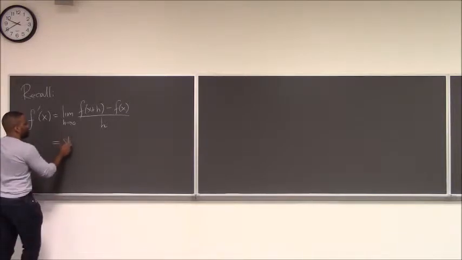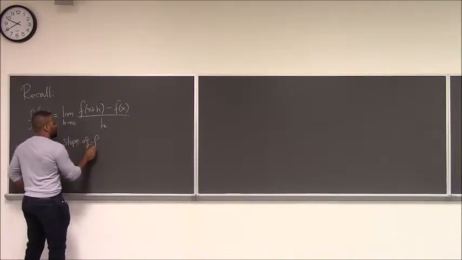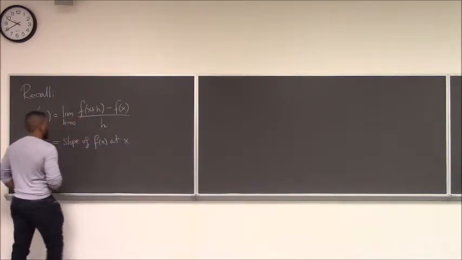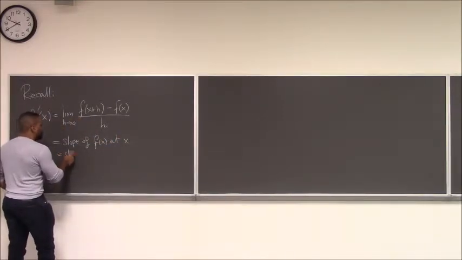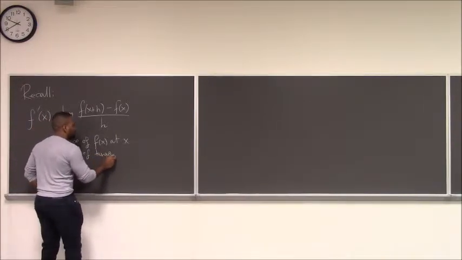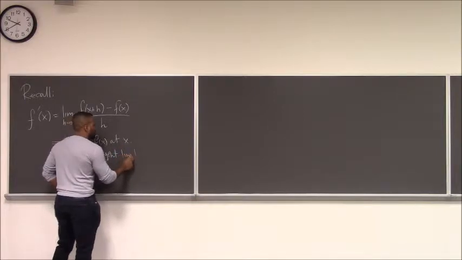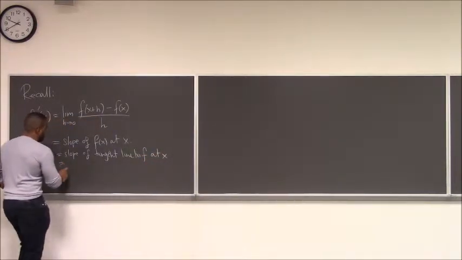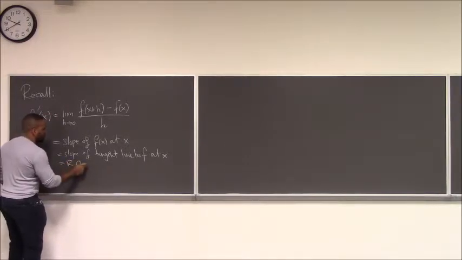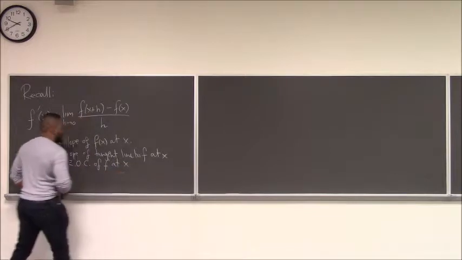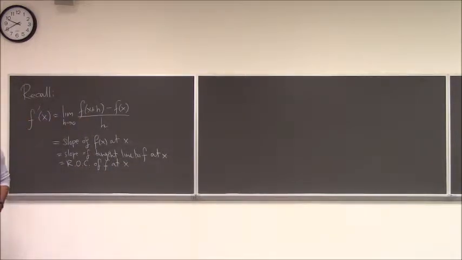This is the slope of f of x at x, or the slope of the tangent line at x. You can also think of it as the rate of change of f at x, that is, how fast the y value is changing with respect to the x value at x.